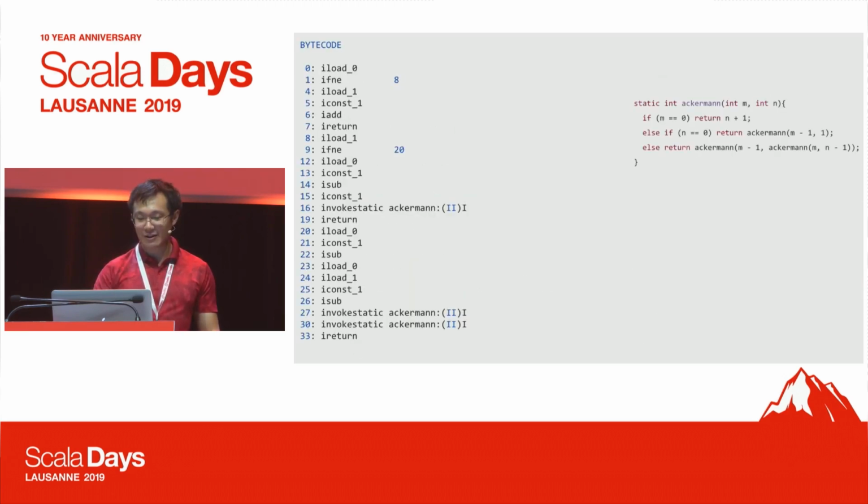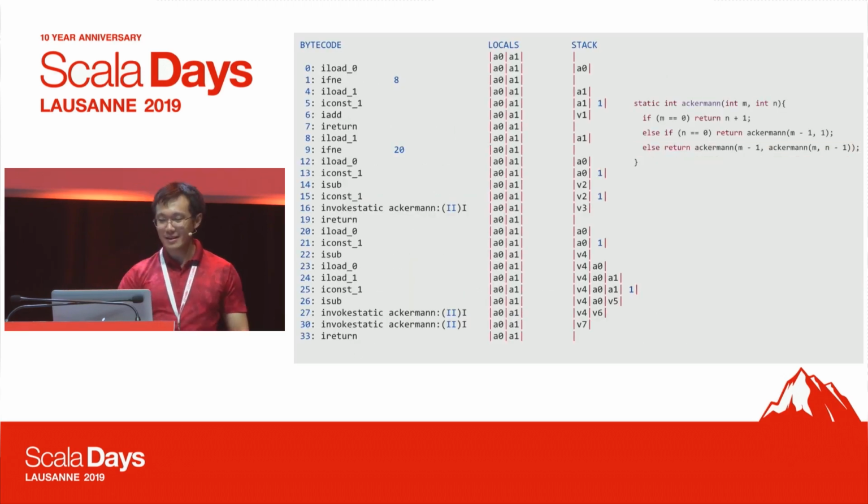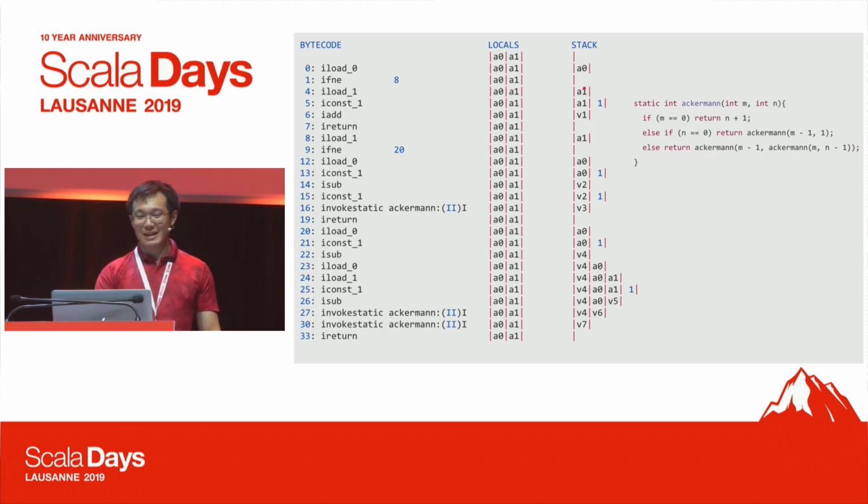But if you look at how class files look, you see as we move things on and off the stack, for example, let's look at this section where we load the first argument, put the constant 1, subtract it to get another value, load another constant 1, invoke static to get another value, and then return it.